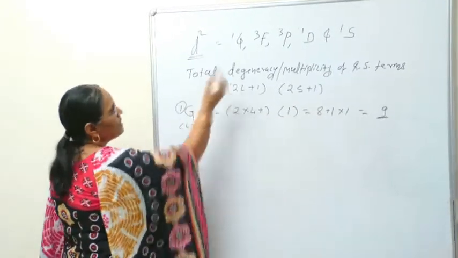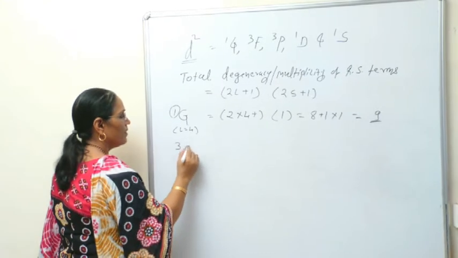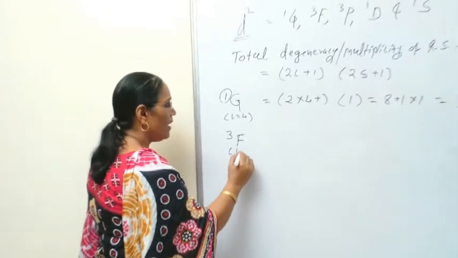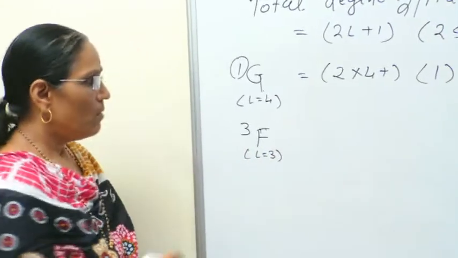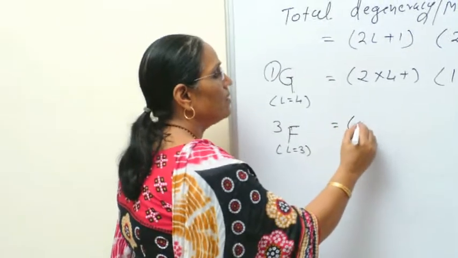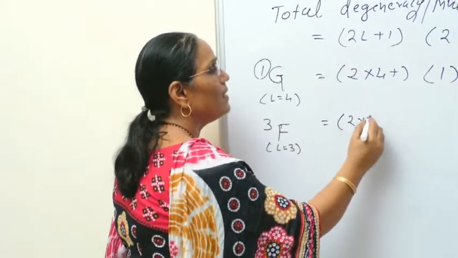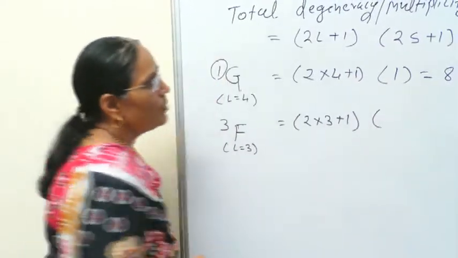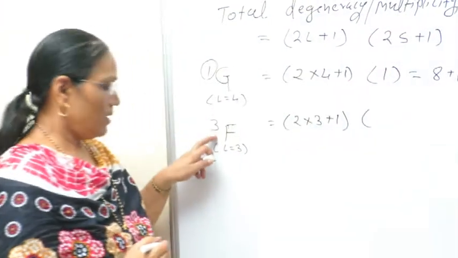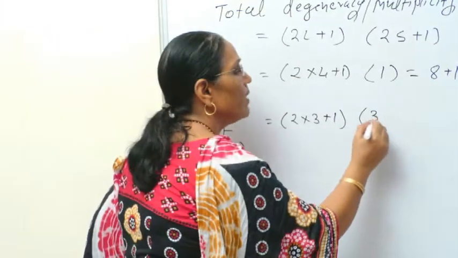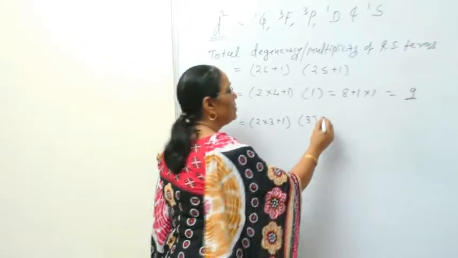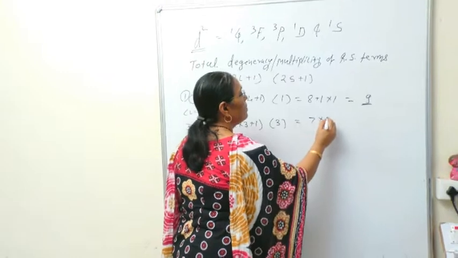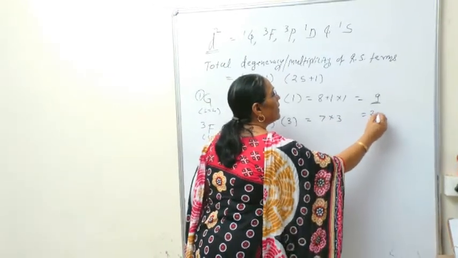Then the next term is triplet F. For this triplet F, the L value is 3. So by putting in these values, 2 into 3 plus 1, into the spin multiplicity 2S + 1, which is 3, it is 2 into 3, that is 6, plus 1, 7, into 3, that is 21.